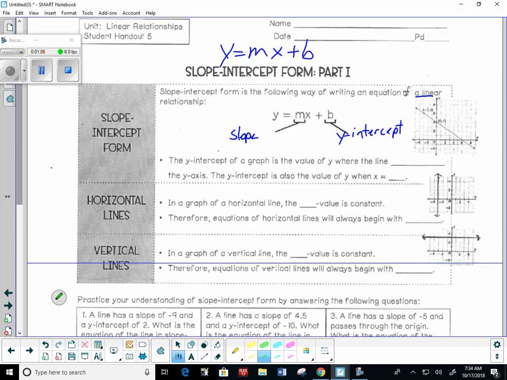When we're looking at our y-axis and our slope line, our y-intercept is where these two points come together.